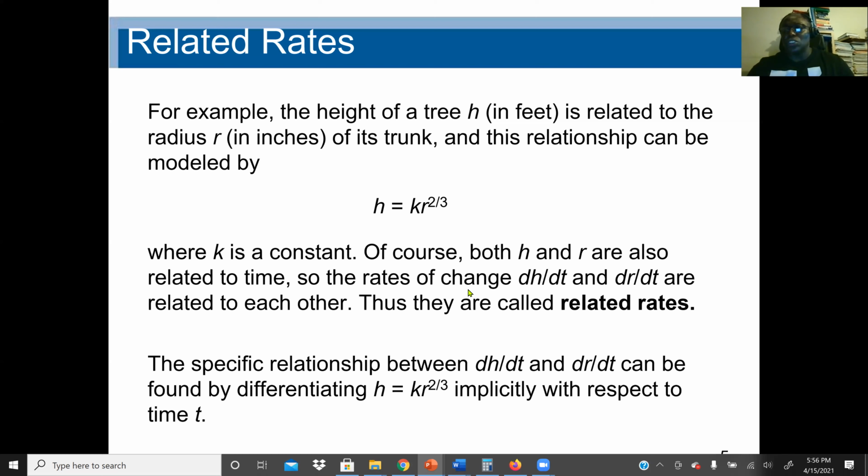So the rates of change, dh/dt and dr/dt, are related to each other. dh/dt means the change of height with respect to time, and dr/dt the change of radius with respect to time. These are called related rates. Most of the examples we are going to see in this section involve change with time. Again, we are going to use implicit differentiation, which we already covered in that section of the course.